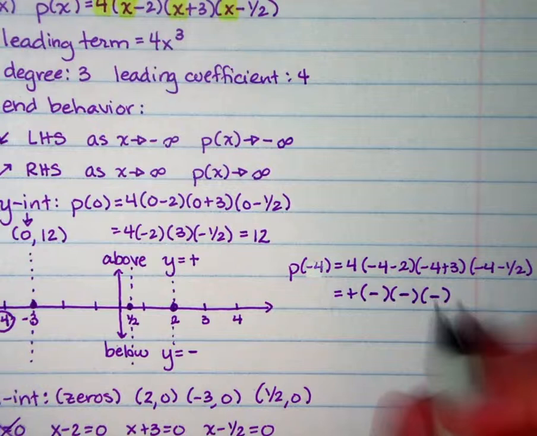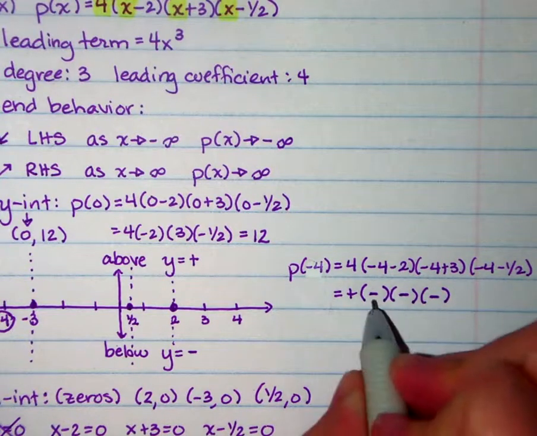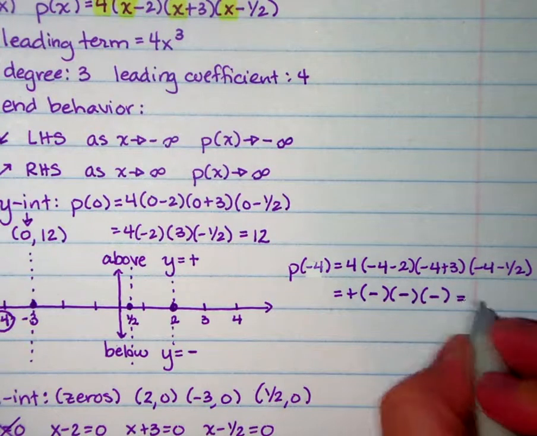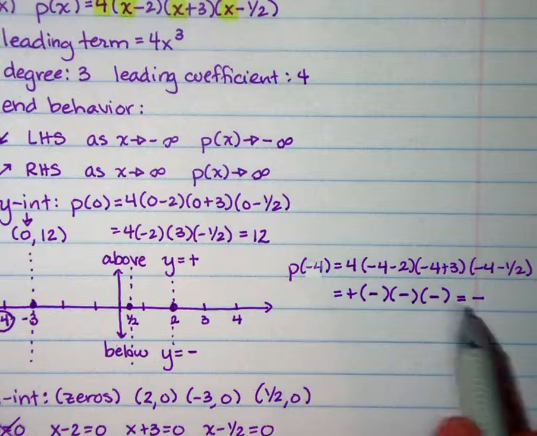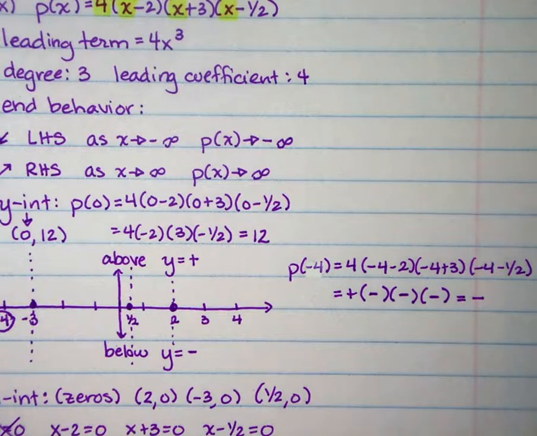And so if I think about the value of all of the signs, I have an odd number of negatives, which means the y value at negative 4 is going to be a negative number. Again, it doesn't matter to me what the actual number is, just that it's negative.